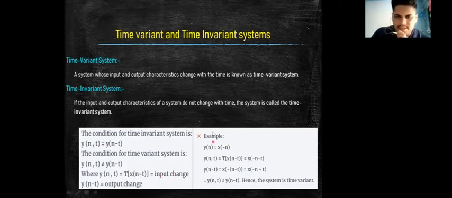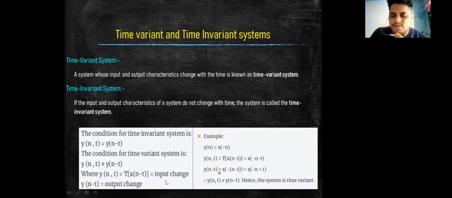So here I have an example. Let's take a signal y(n) equal to x(minus n) as an input. First we will check for the input change, which is y(n, t) equal to T x(n minus t). Instead of this, we'll put the original signal, so we will get x(minus n minus t). Now, in order for this system to be time invariant, y(n minus t), which is the output change, should be equal to x(minus n minus t).